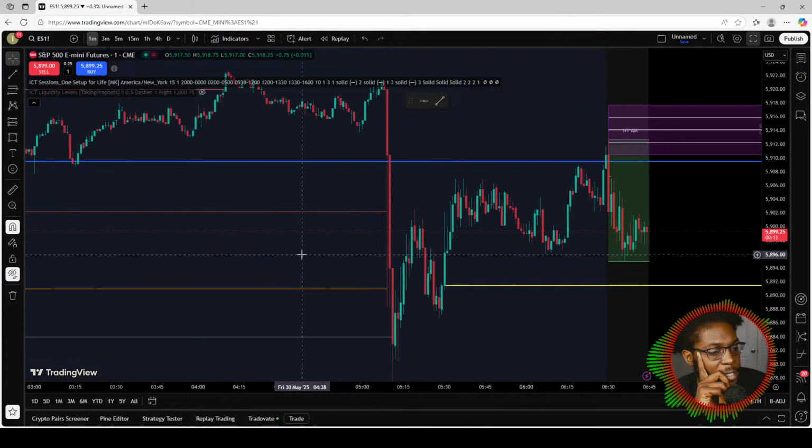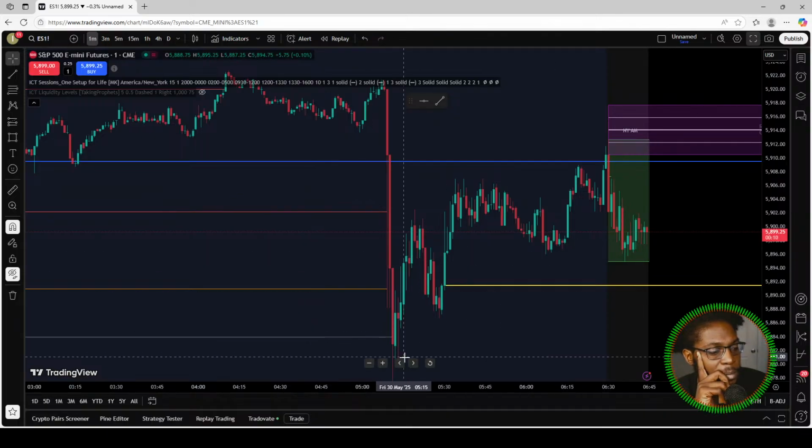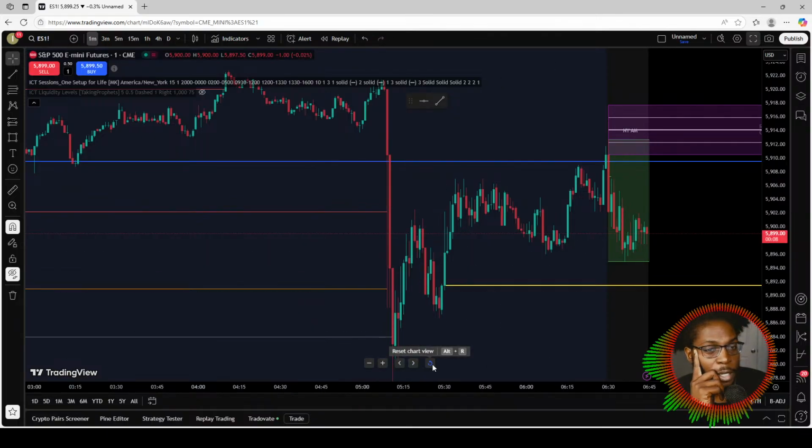Asia low's gone. It took the Asia low and the Asia high. When I say I want to see some type of sweep, I like to see it during our session. If it happens before the 9:30 bell, I'll discount it, because price can always go back into that area to sweep again.